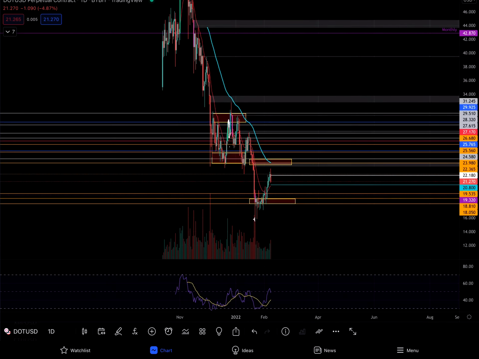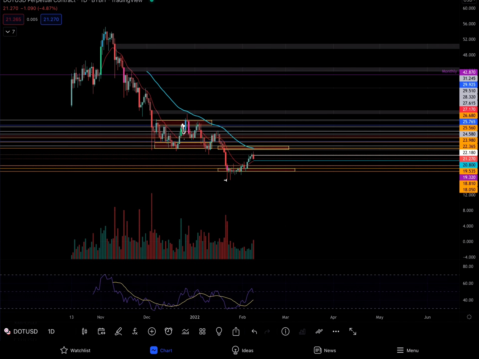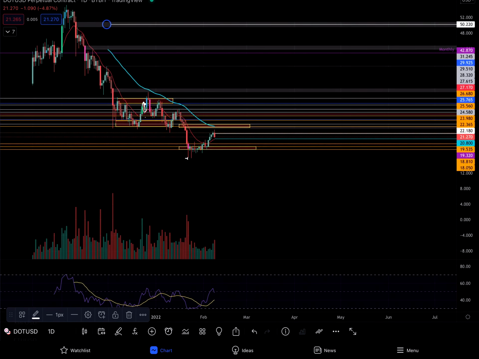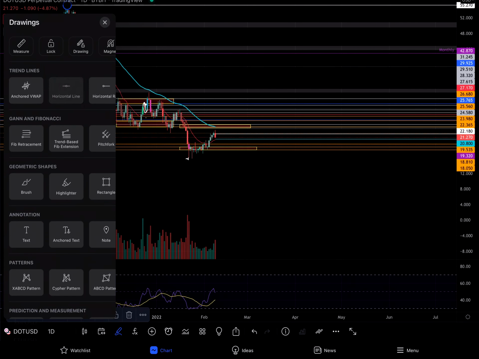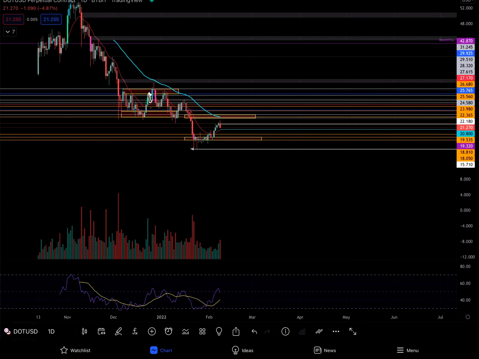The other thing to look for are wicks. Wicks draw price. We don't have a lot of daily wicks, actually. Got a little one up here. And we have these wicks down here.